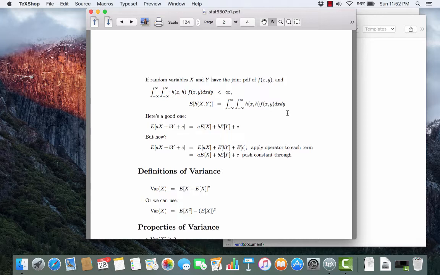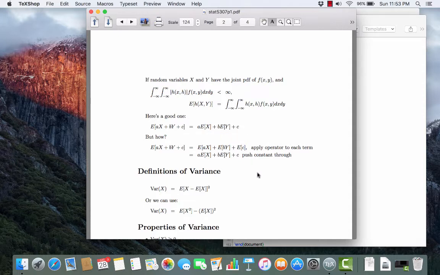But I don't want you to get too choked up about the integration. These are just definitions. I want you to be able to work with the definitions of the expected values, not so much the integration, but with these rules. So, if I have the expected value of ax plus by plus c, I know that that is equal to a times the expected value of x plus b times the expected value of y plus c.